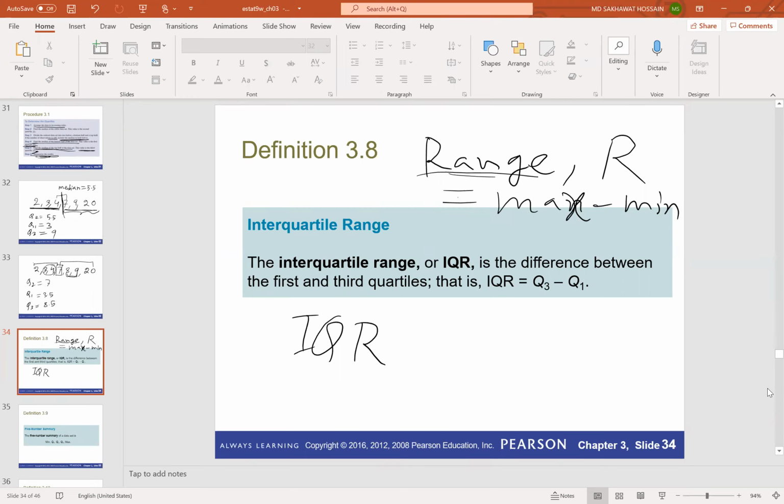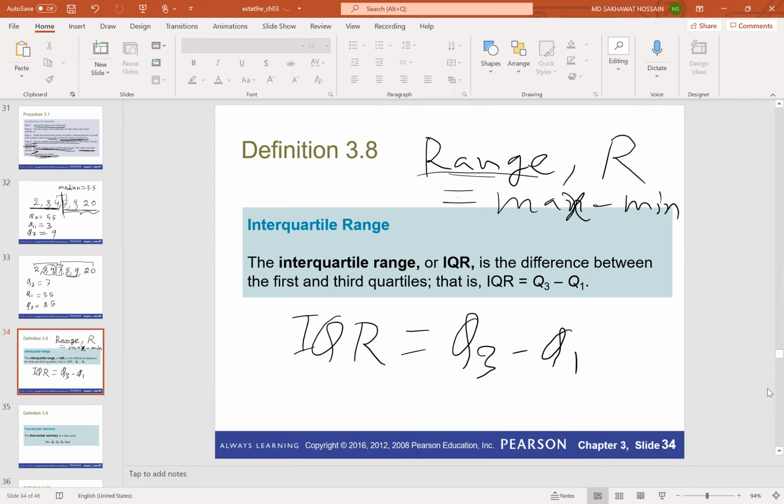And interquartile range, IQR, is the difference between the third quartile and the first quartile, which is Q3 minus Q1. So the difference between the first quartile and the third quartile is the interquartile range, or IQR.